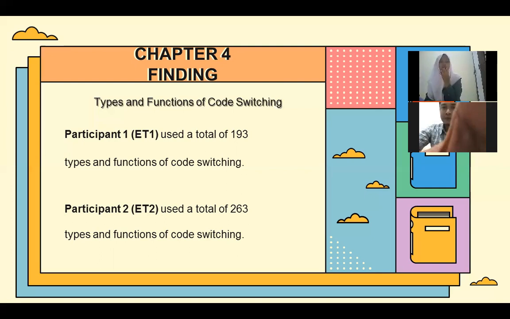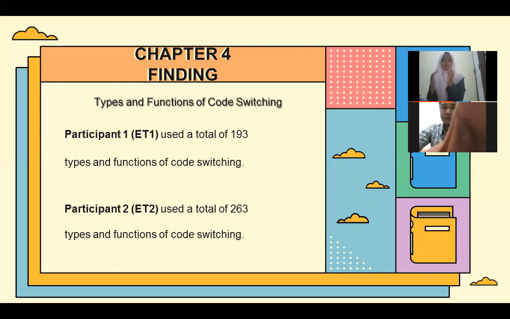Meanwhile, for English Teacher 2 or EP2, there are 263 types of code switching performed, from a total of 12 types of intersentential, 15 types of intersentential, and 236 types of tag switching or extra code switching. So it can be concluded that the most dominant type often used by English teachers in Manfaat Jakarta is tag switching.